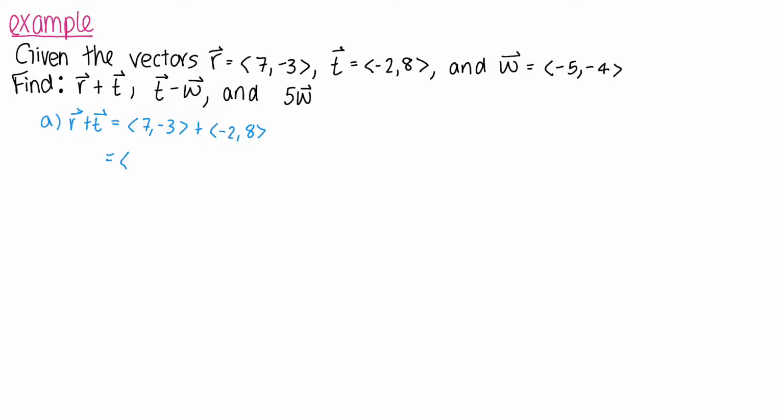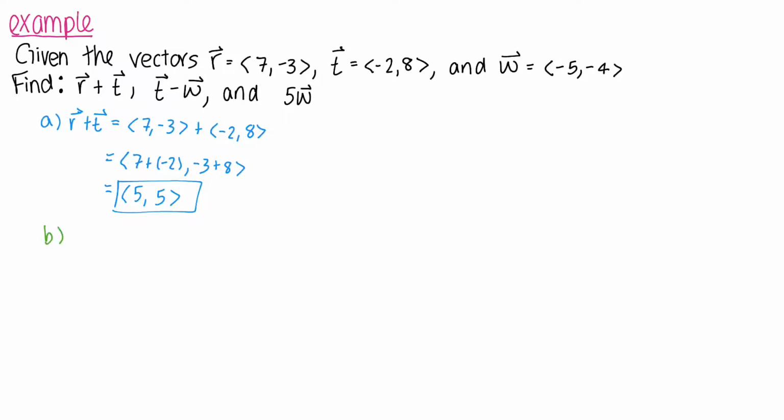So 7 plus negative 2, comma, negative 3 plus 8. So we added these two together here and added these two together here in the vertical component position. 7 plus negative 2 is 5, and negative 3 plus 8 is 5. So we have the vector 5 comma 5. And that's r plus t.